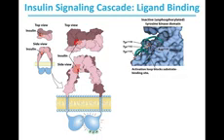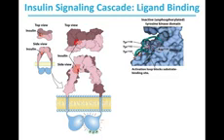Shown here is one of the beta subunits that is inactive and unphosphorylated. In the unphosphorylated state, an aspartate residue interacts with a tyrosine residue, in this case tyrosine 1162, and as a result of this, the activation loop that is shown here blocks the substrate binding site.